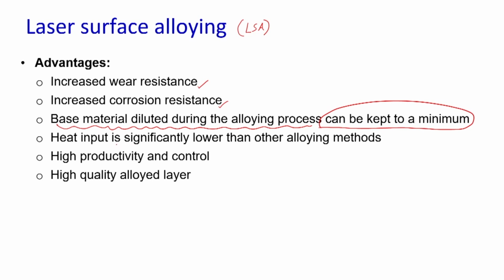The heat input is significantly lower than the other alloying methods. In other alloying methods such as the thermal spray or plasma based surface alloying, we have to apply enormous energy, and that energy will be utilized for the coating as well as changing the material properties, but that is affecting the material properties of the substrate material even, because there would be a high heat affected zone.